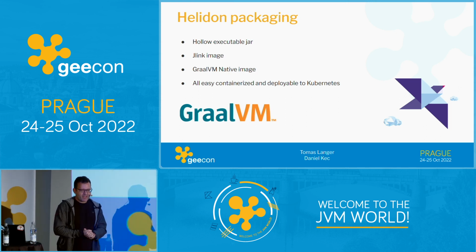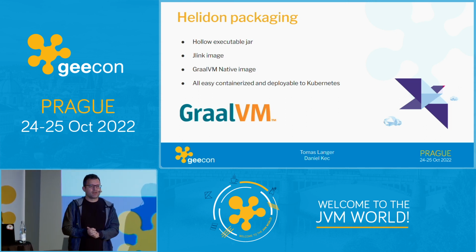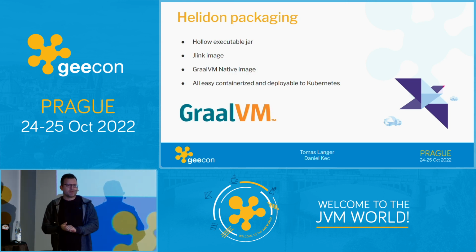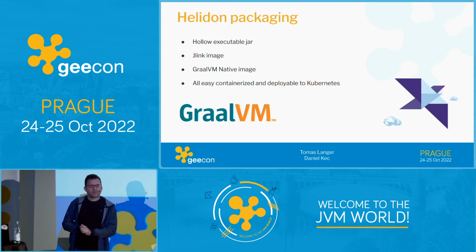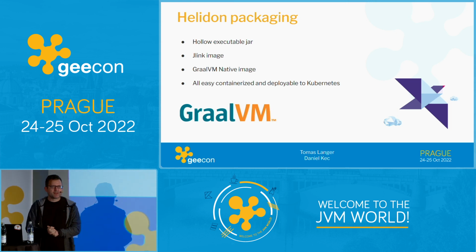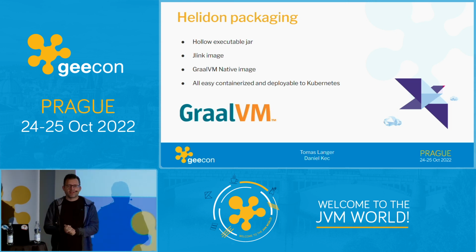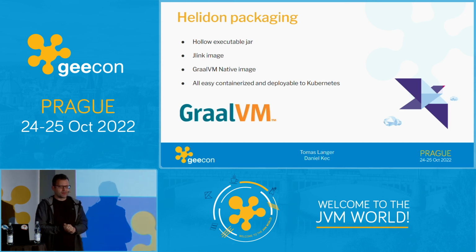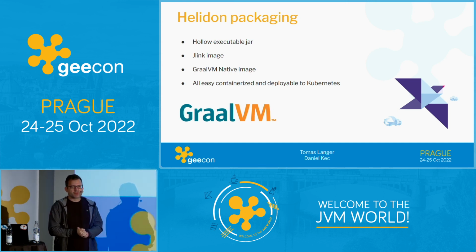The last possible packaging is GraalVM native image. GraalVM native image does an ahead-of-time compilation of your code into a native executable. So that's for the cases where you don't want to have a Java runtime environment at all, and you can directly run that native image on Linux. And there are several advantages to native image, such as closed world.